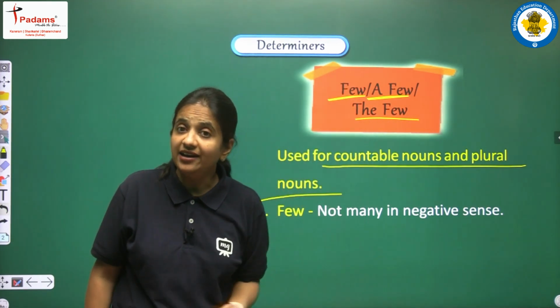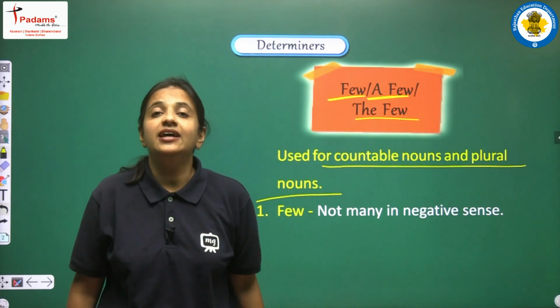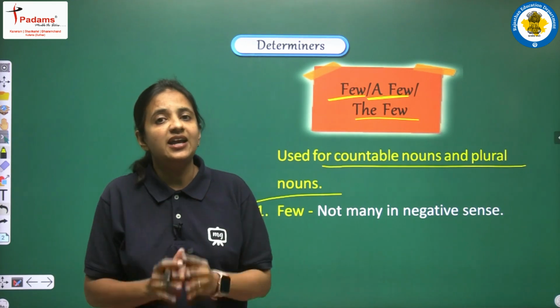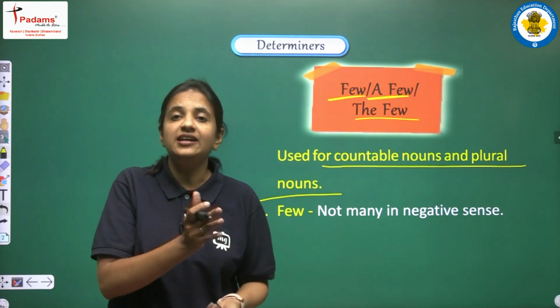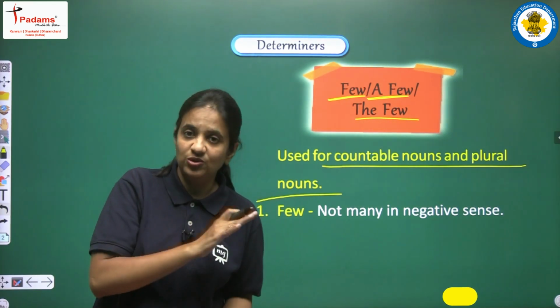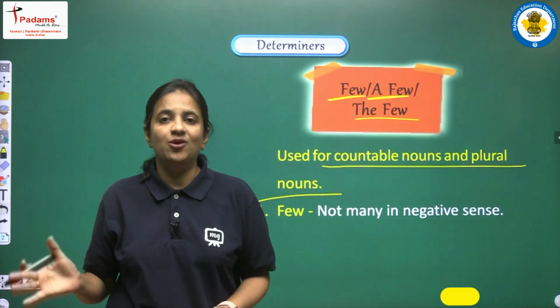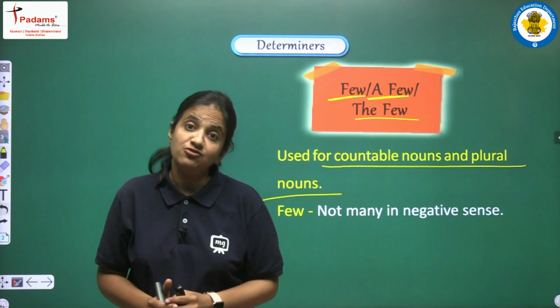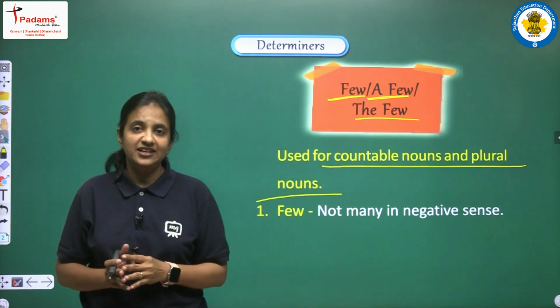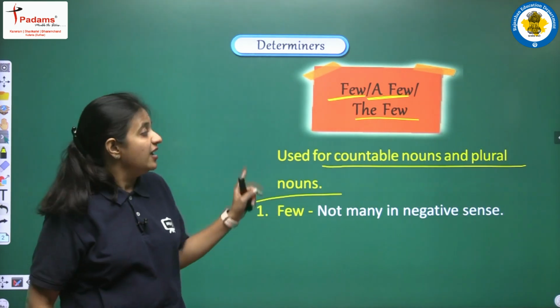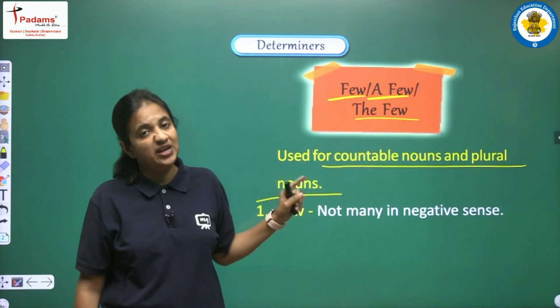Because again and again I am repeating this thing, that determiners are used for nouns, and they are used according to whether the noun is singular or plural, countable or uncountable. So be very careful, because we have to recognize the category the noun belongs to, and then we have to use the appropriate determiner.